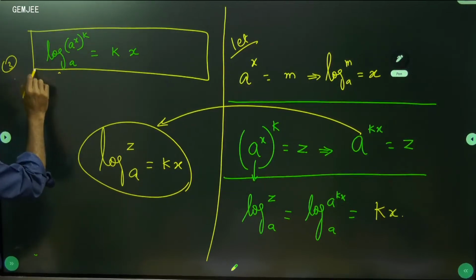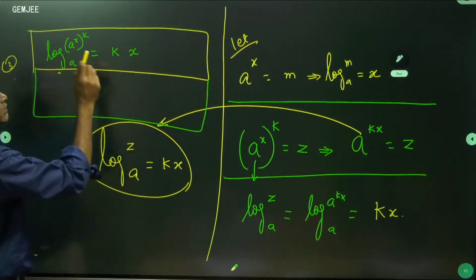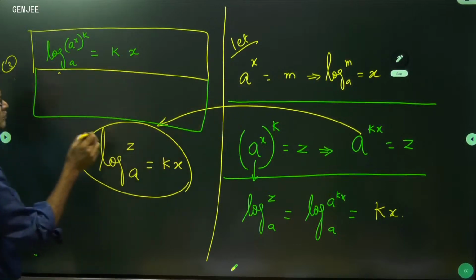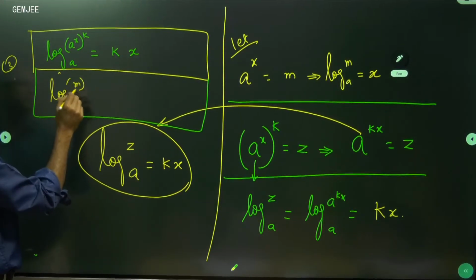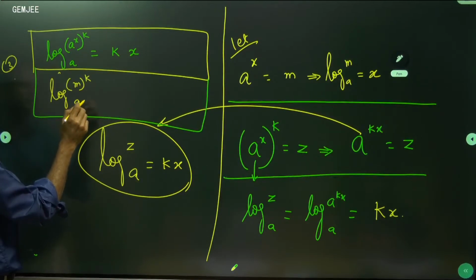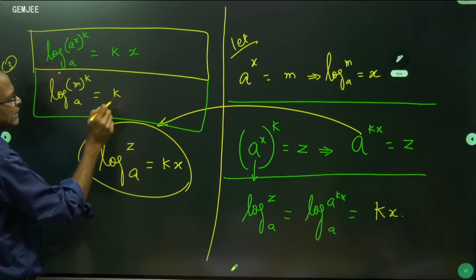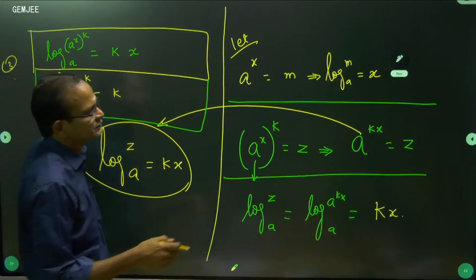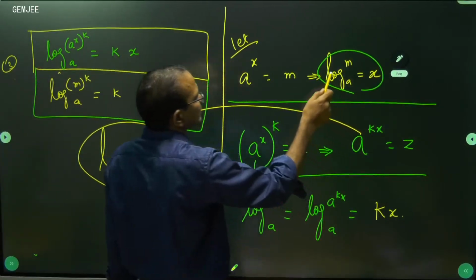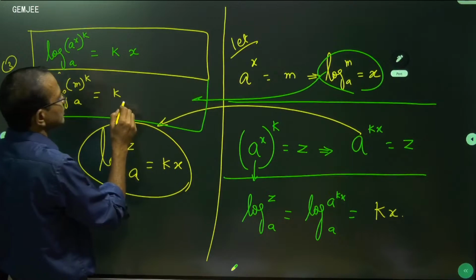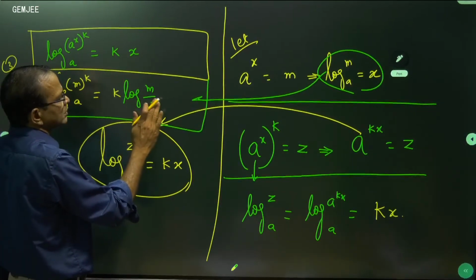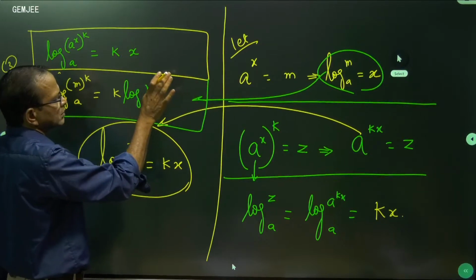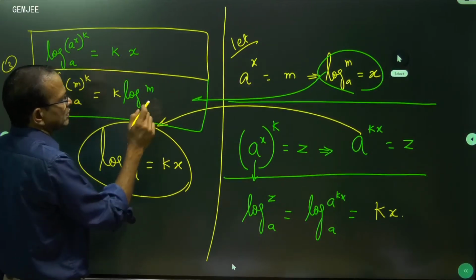Now substitute the value. a power x is m. So log of m to the power k to the base a is equal to k times x, and x is log of m to the base a. That's all, it's done.